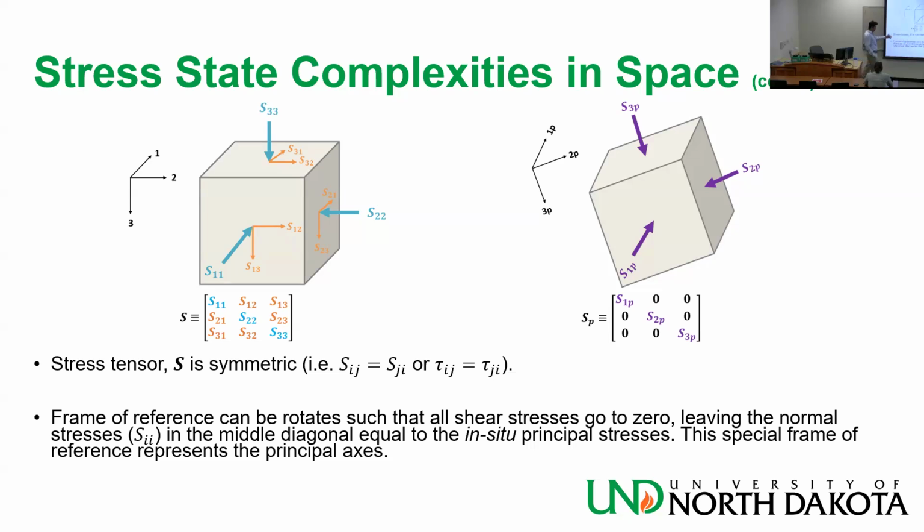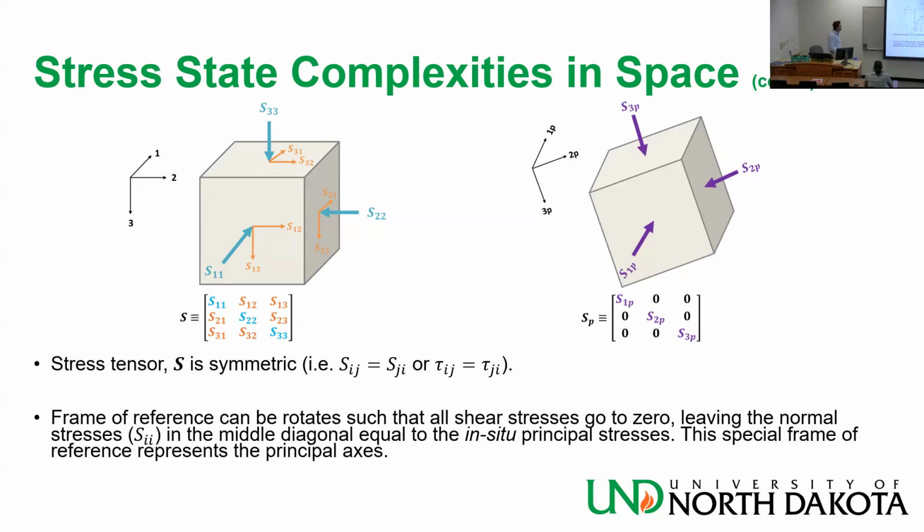This is a special frame of reference, and it represents the principal axis. So I take this and I rotate this to get to a point that is like this. If any of these zeros is no longer zero, that means the axes are not the principal axes, the stresses are not acting in the principal direction.